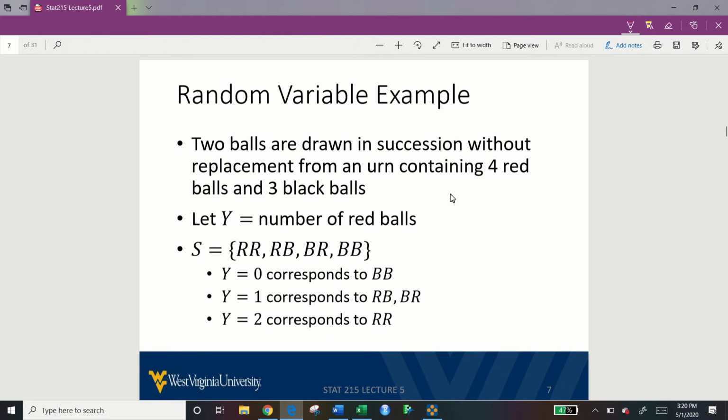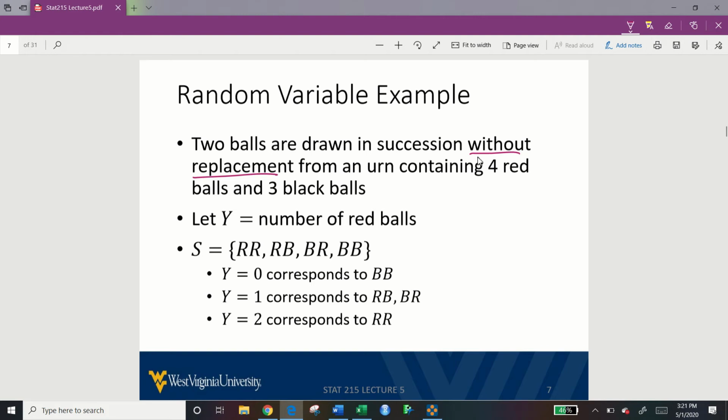Let's look at another example. Suppose 2 balls are randomly drawn in succession, without replacement, and highlight that, from an urn containing 4 red balls and 3 black balls. We are going to let Y equal our number of red balls. We can agree that our sample space will be 2 red balls, a red then a black, a black then a red, or 2 black balls.